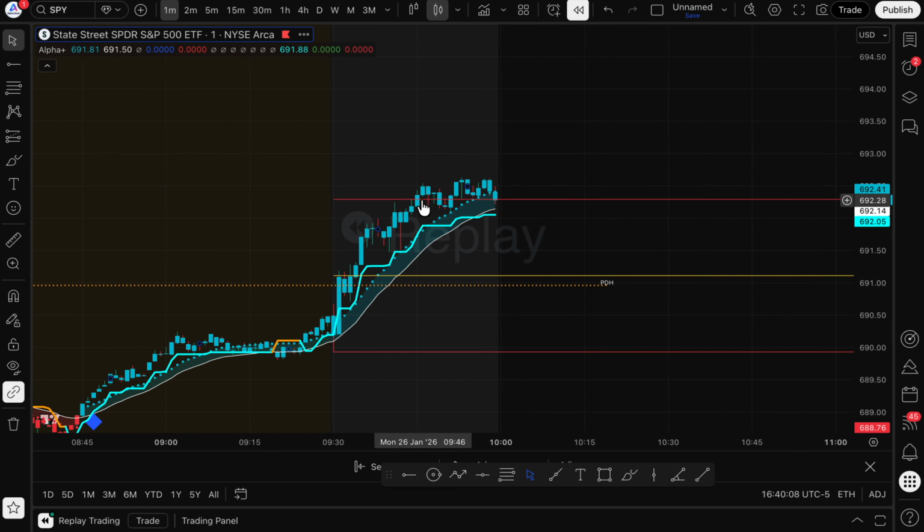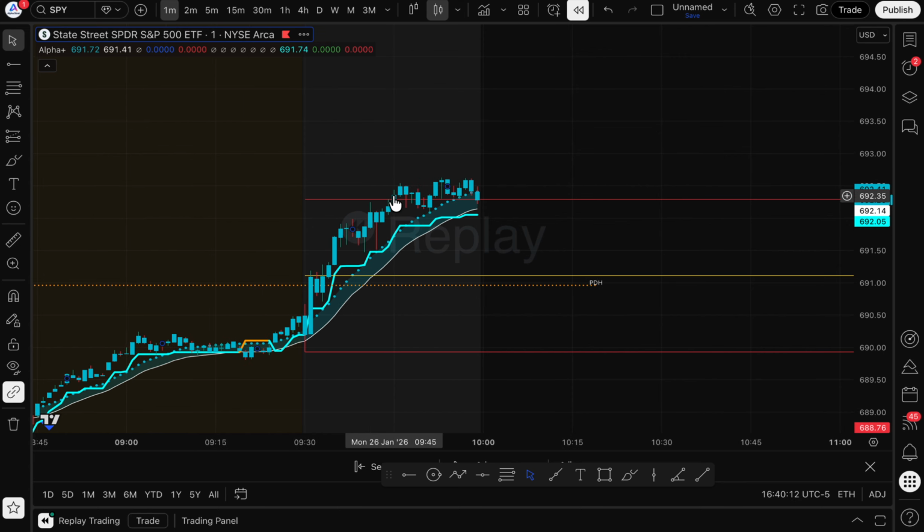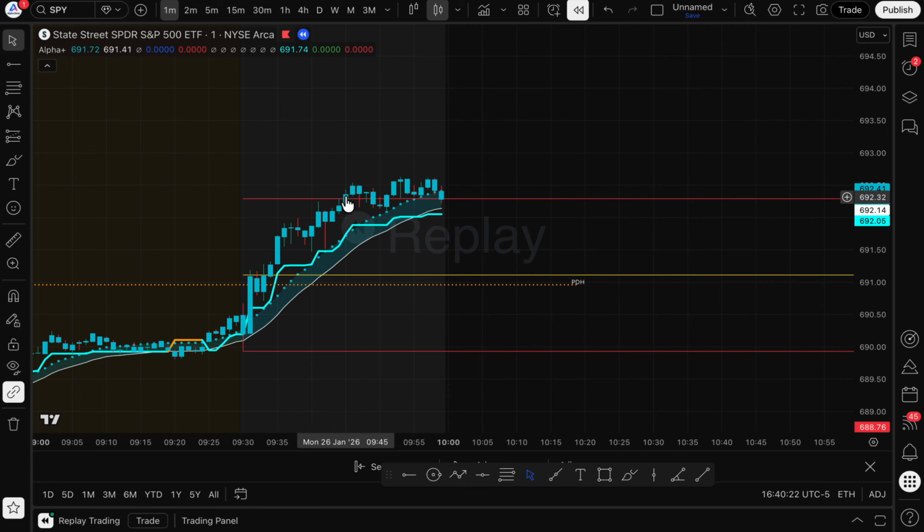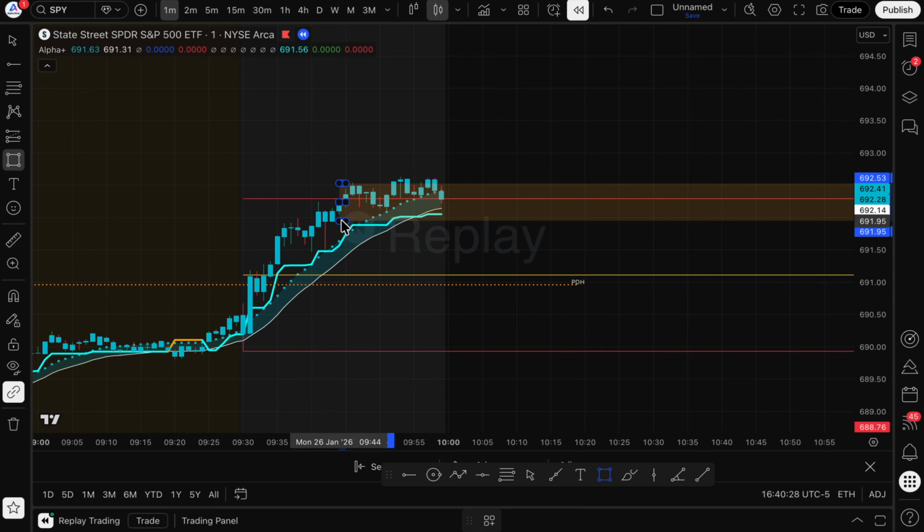So the ORB creates the first 15 minutes, and then from 8:45 to 9 a.m., I look for a rejection up or a rejection down. As you can see right here, in the last 15 minutes, it rejected above this 15-minute ORB.